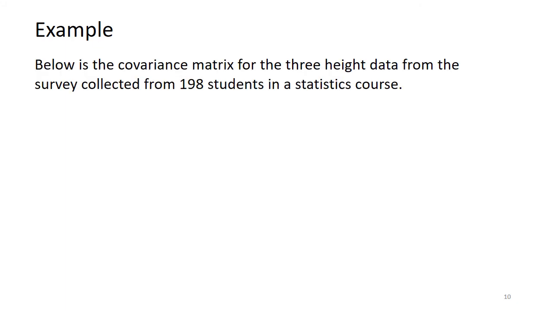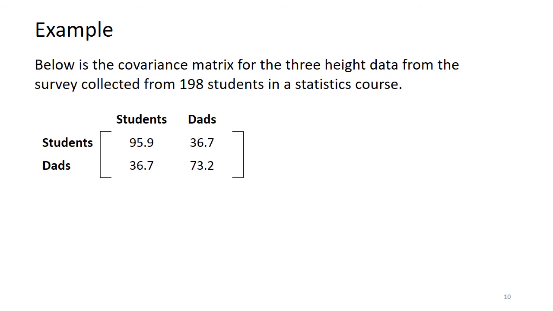Let's see an example. We can use this matrix to calculate the correlation of height between students and their dads. The covariance matrix contains the variance of the student height, the variance of the dad's height, and the covariance between these two heights.